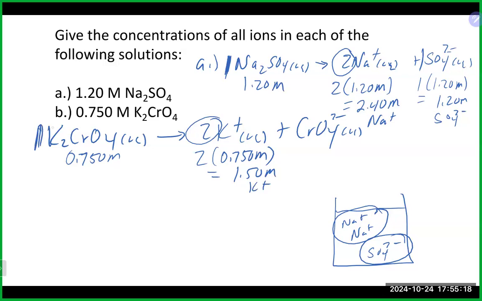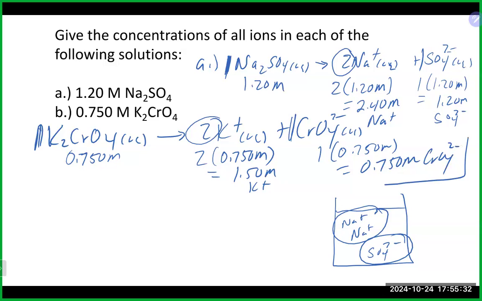It is, though, a 1 to 1 relationship between the whole thing and the chromate, so we'll just multiply by 1 or keep the same concentration. That's going to give us 0.75 molar chromate in this case. Any questions on how to get concentrations of ions?